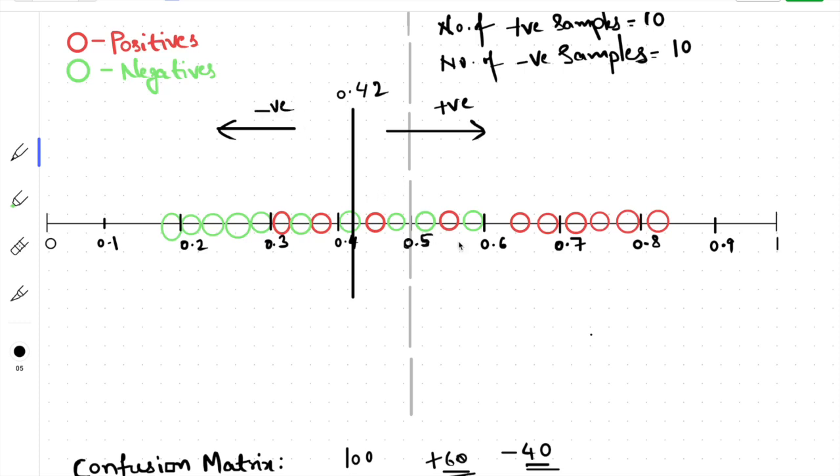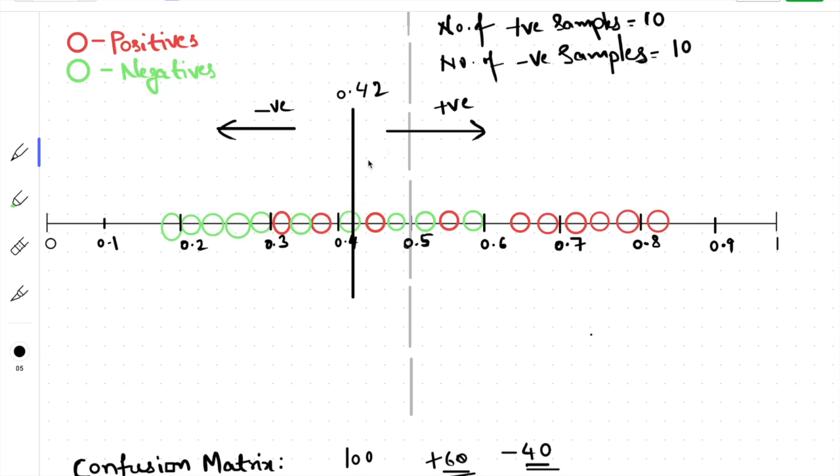But we can see there are some negative samples on the positive side, so that means we are predicting these negative samples to be positive. So these would be false positives, right? Here we have 3 false positives. Similarly, we have 2 false negatives here. So we are telling these 2 red samples to be negative, but they are actually positive.